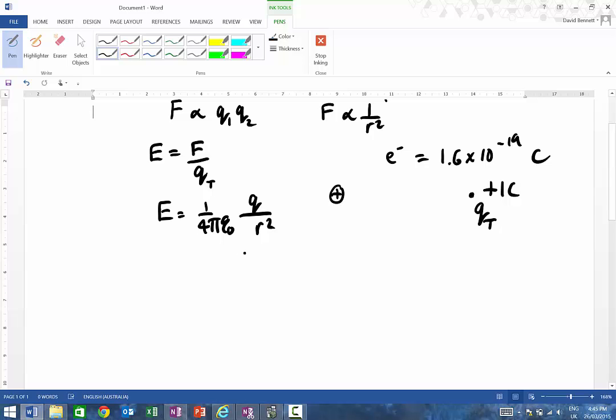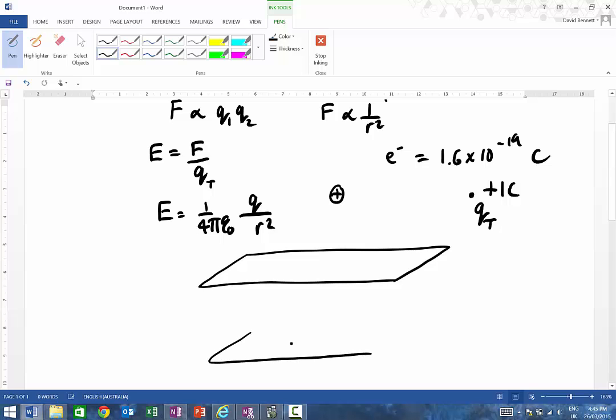Imagine having a big plate, and another big plate down the bottom here. So we've got two big plates. For this big plate, we're going to put a negative charge on it, and this one here we're going to have a positive charge.